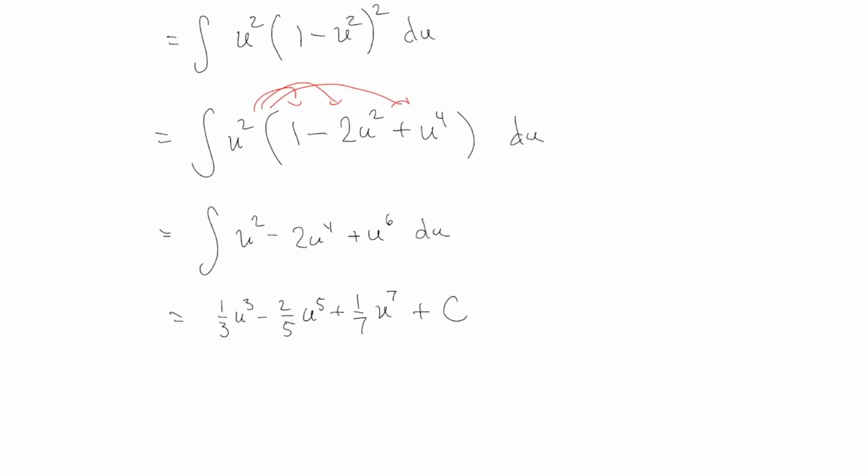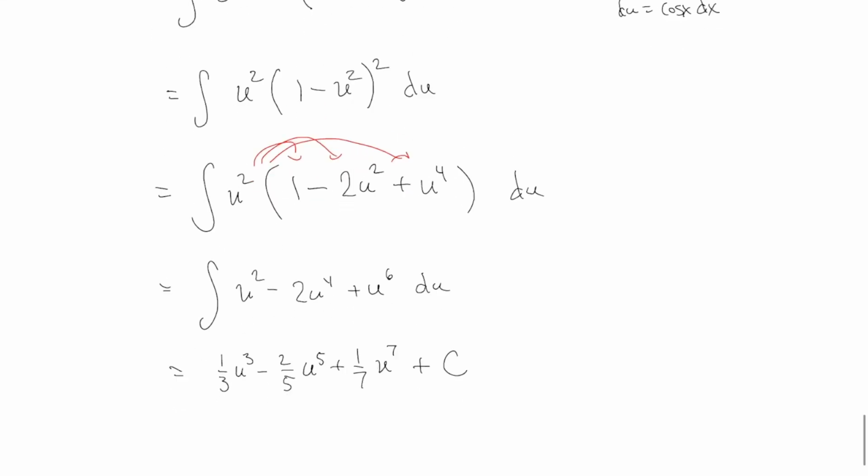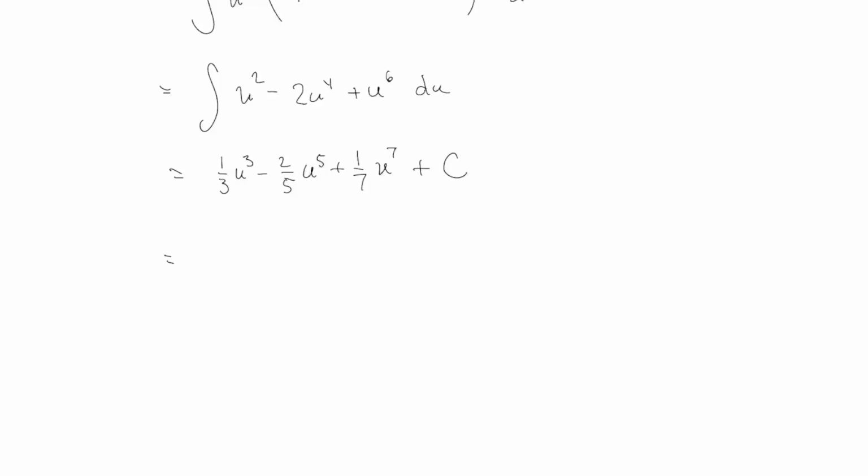Remember the substitution was u equals sine x, and so all those u's become sine. So this is 1/3 sine cubed x minus 2/5 sine to the 5x plus 1/7 sine to the 7x.